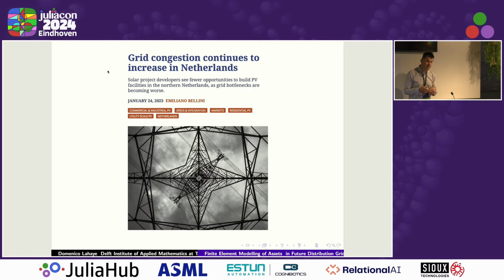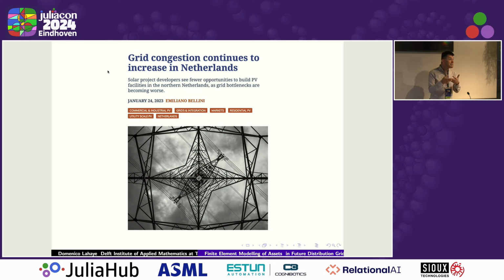Here you have a newspaper clipping of how the power supply system is ever more being stressed in its operation. This is a problem that not only exists in the Netherlands, but also globally, worldwide.